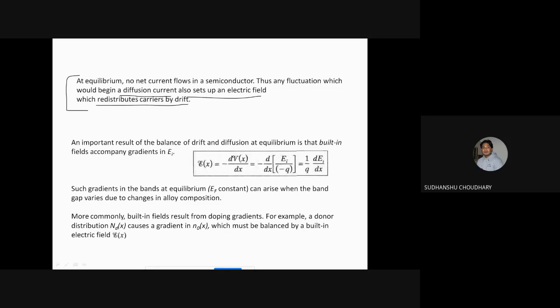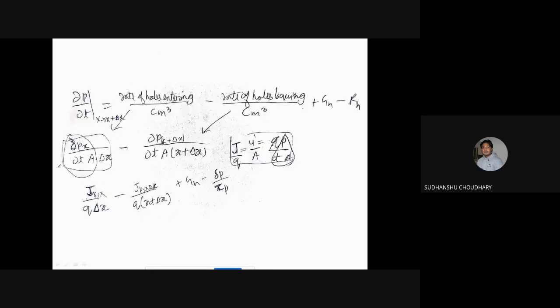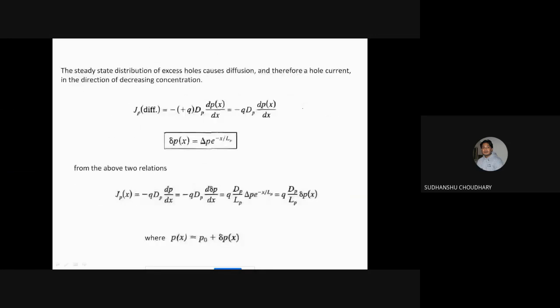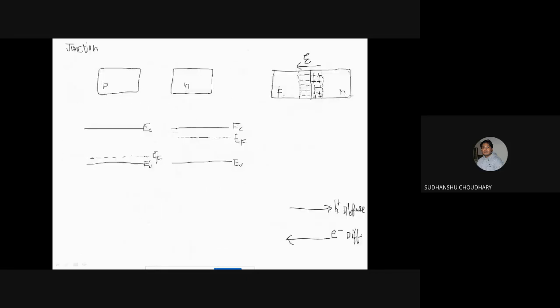So that means diffusion sets up an electric field. The same thing is happening in PN junctions. That is, because of the diffusion of electrons and holes to both sides, a built-in electric field is set up across the junction.